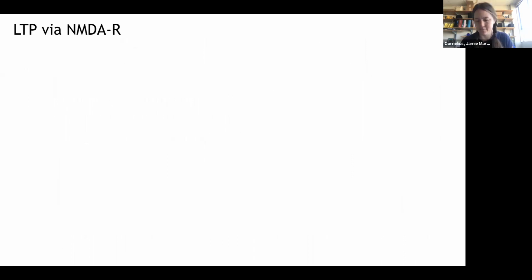We're going to draw it. Okay, so we'll draw a presynaptic neuron that has an action potential coming down, and it's got its vesicles of glutamate. And I'm going to draw a bigger postsynaptic one.